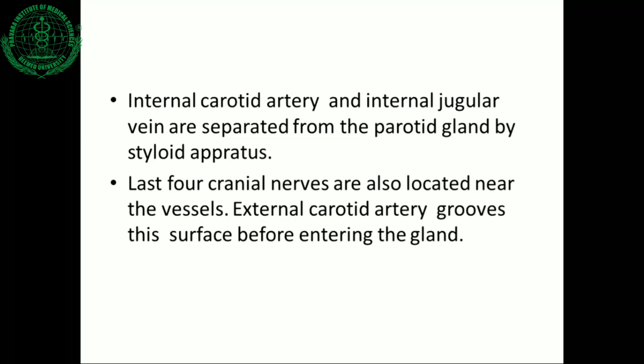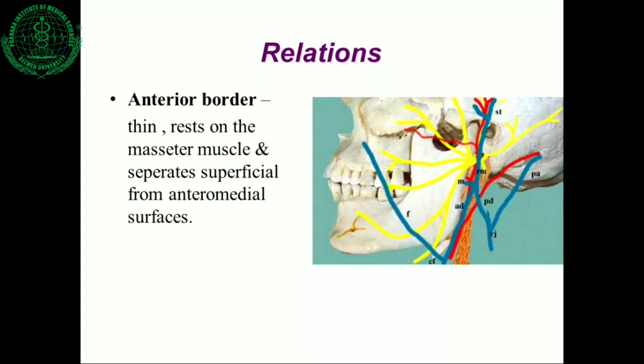Then after this surface, now regarding the borders of the parotid gland. The parotid gland possesses three borders: anterior border, posterior border and medial or pharyngeal border. The anterior border is thin.